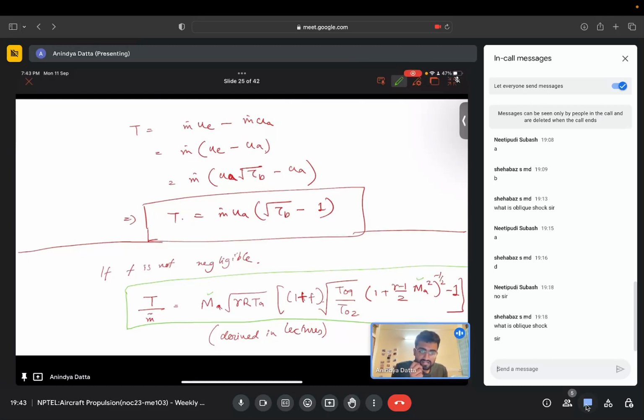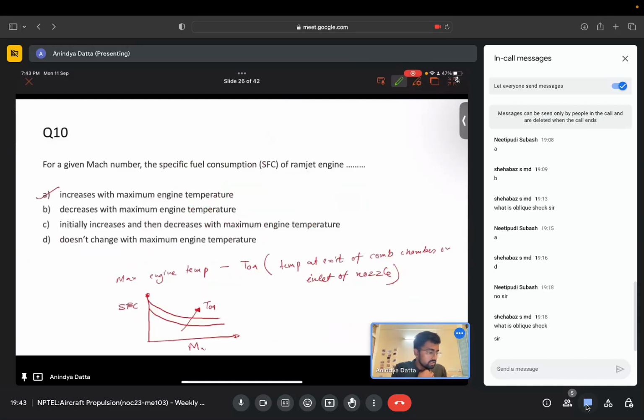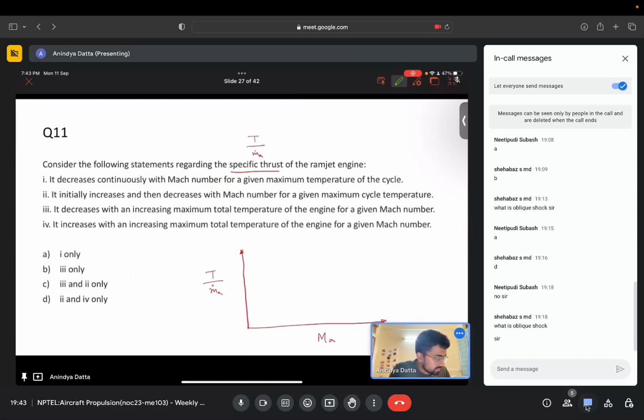So that's why this is non-monotonic. The plot looks like this.